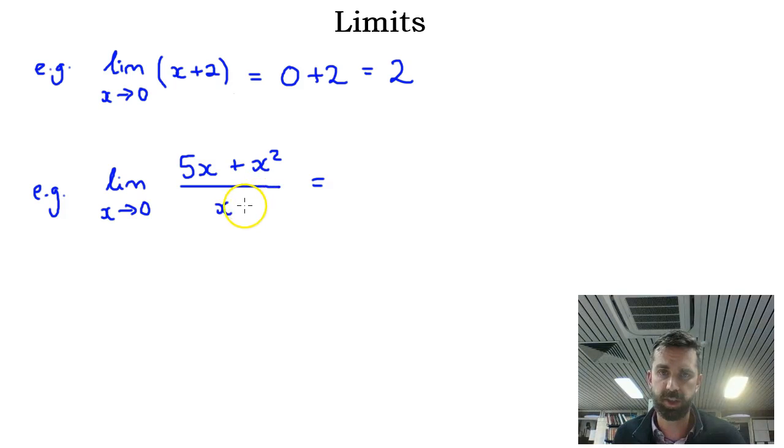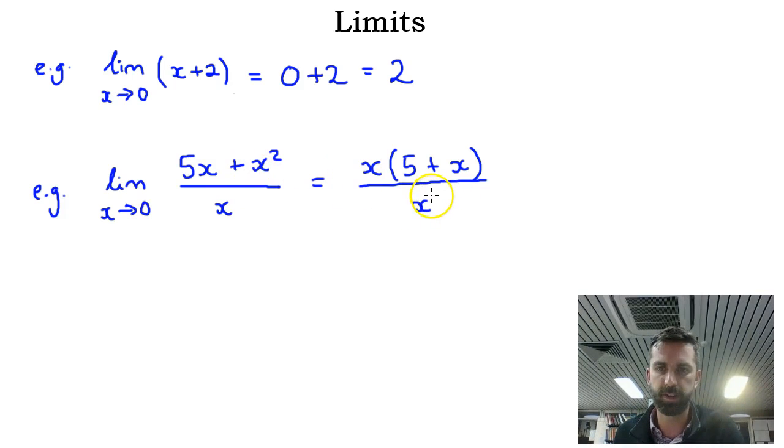So I'm going to divide the top line by x, because that's what this means. First of all, I might just take x out as a common factor on the top line. So we can rewrite that as x, and then in brackets 5 plus x, over x. I've just factorized that little quadratic there. And now these two x's will cancel each other out, and we're just left with 5 plus x.